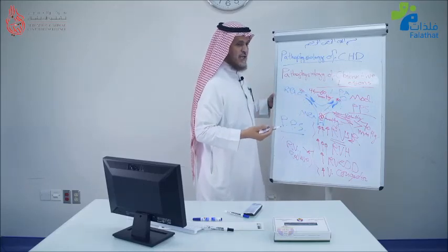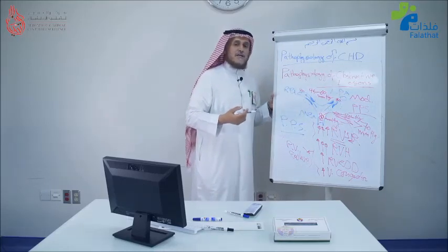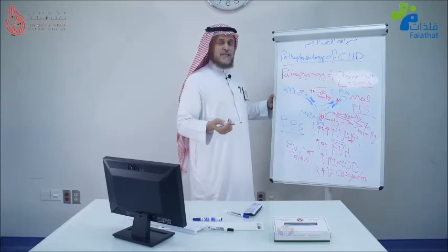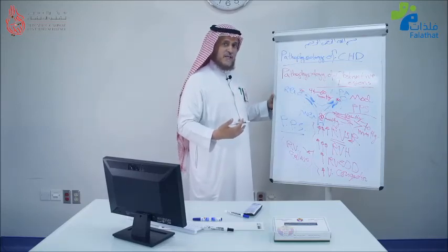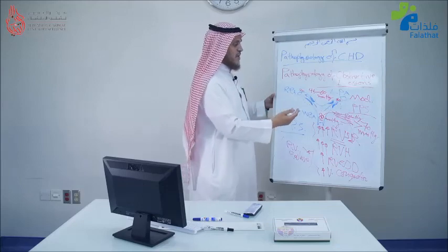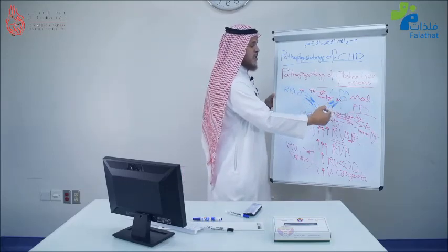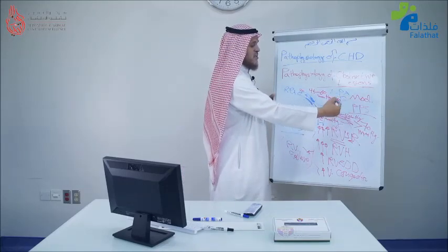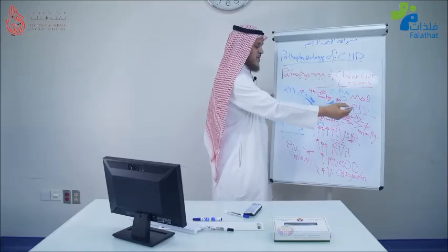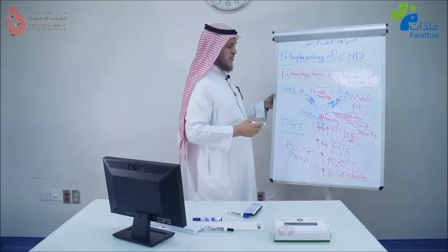So even if it's unilateral, but severe, the effect will not be on the right ventricle, it will be on the lung receiving and on the size of the pulmonary artery receiving that diminished or less blood because of the severe stenosis.